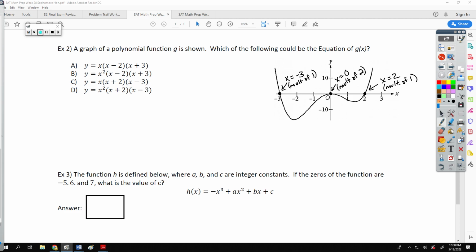Anytime the graph touches the x-axis and then turns back the direction it's coming from, that implies that x equals 0 is what is called a double root. Now, it might also be a quadruple root, or it basically has an even power. Okay?